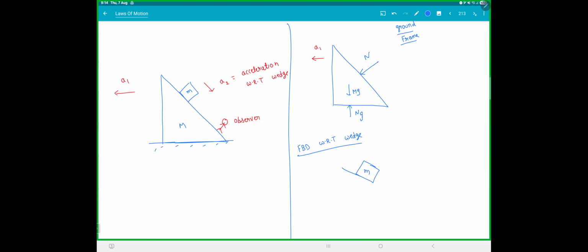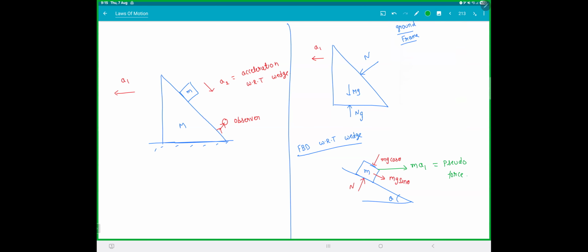Now, what are the forces? mg sin theta, mg cos theta, normal reaction. Since the observer is accelerating to the left side, now we will get a pseudo force, which is the mass of the block into the acceleration of the wedge, m a1. This is the pseudo force.